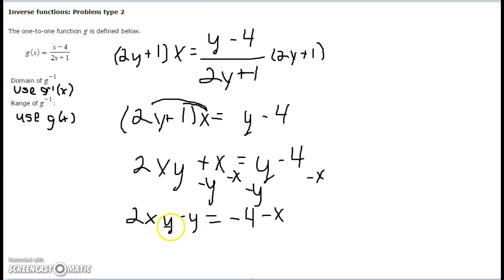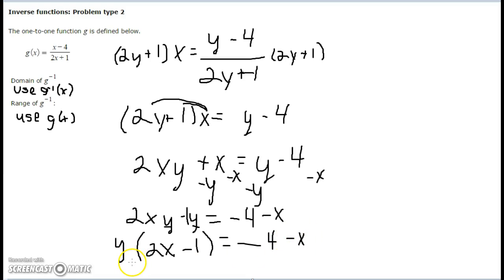And then I see that there's y's in common, which is perfect. So I'm going to pull out my y's. So I'll have y parentheses 2x minus 1, and I'm using a 1 as a placeholder. And that equals negative 4 minus x.